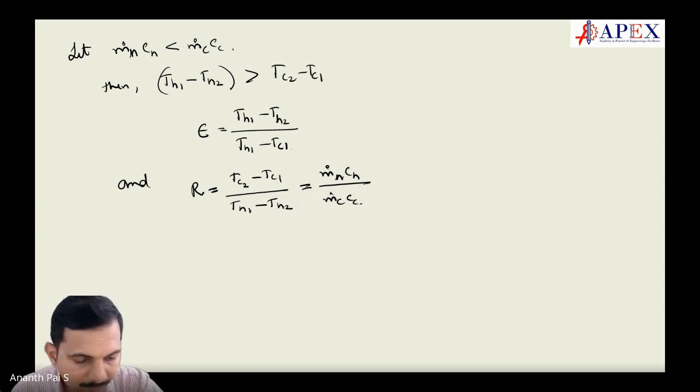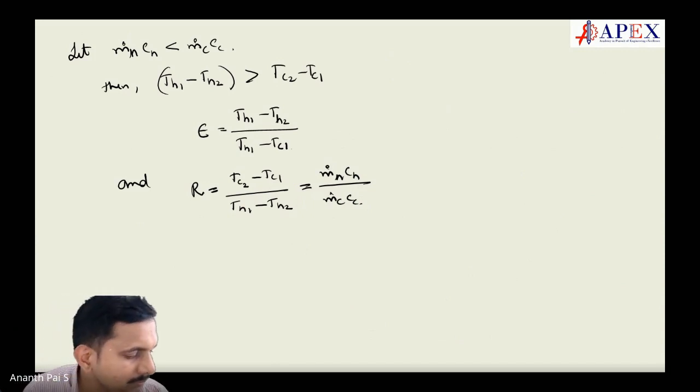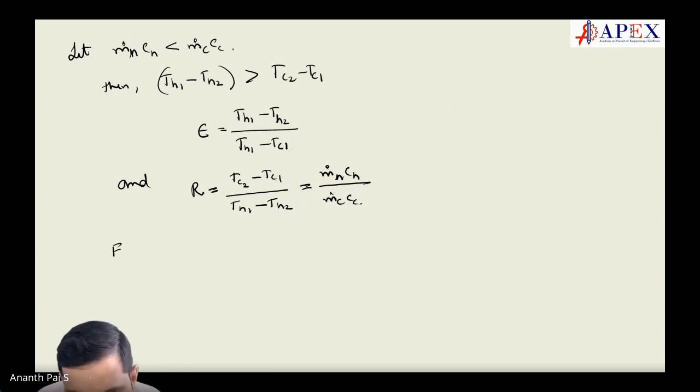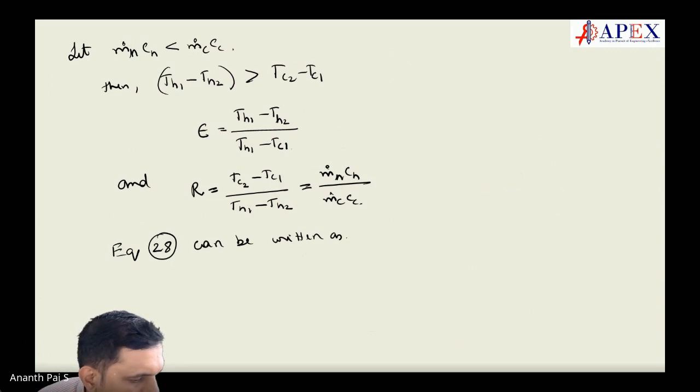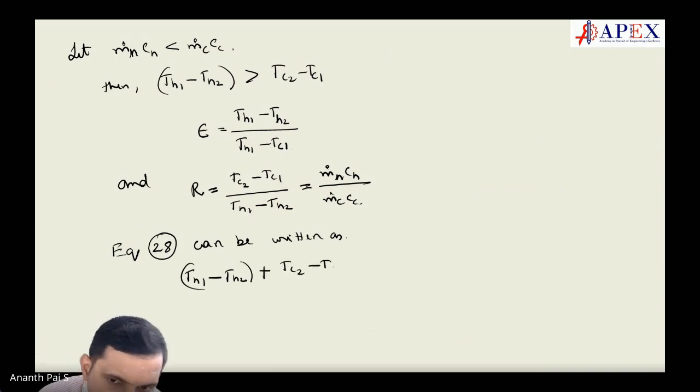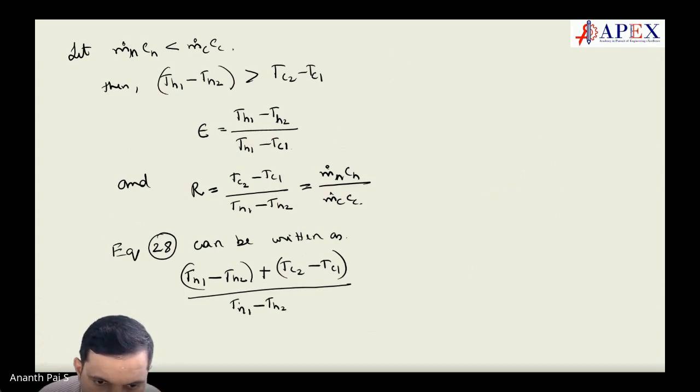So given that, now you can write equation 28 can be written as (Th1 minus Th2 plus Tc2 minus Tc1) divided by (Th1 minus Th2) divided by epsilon.